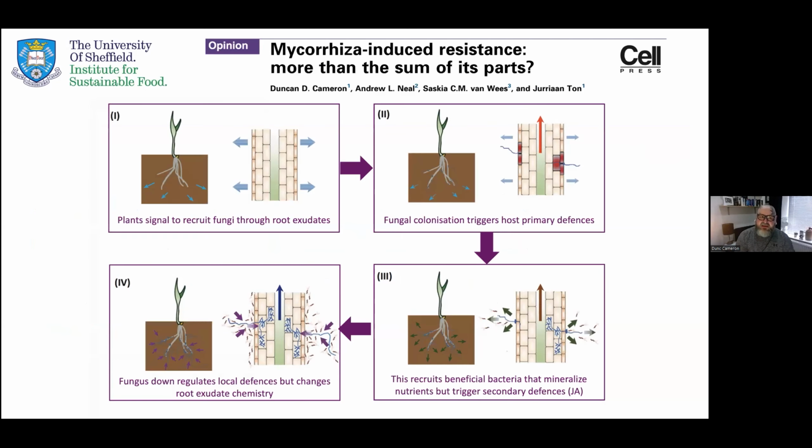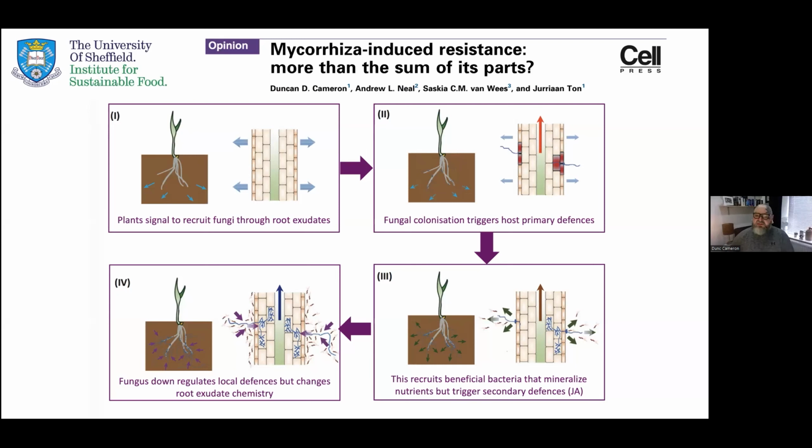And we built a mechanistic model that is simplified here, and if you're interested, this publication provides more detail, where essentially plants send signals out into the soil, and they want to recruit things like fungi that can come along, and when they interact with the plant, they are going to trigger the plant's immune system. Plants have an adaptive immune system that allows them to deal with pathogens, and here these fungi will trigger these plant defenses. But of course, if you're a symbiont, you don't want those defenses to kill you.